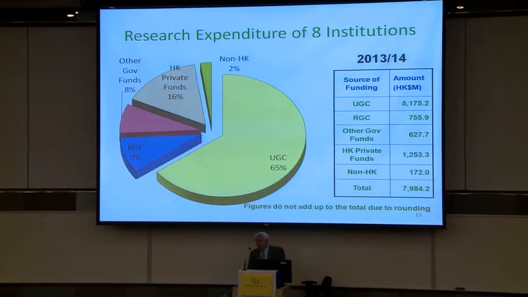So the RGC handles the grants, but as you see there, the 65% which comes in the block grant is by far the largest quantum that comes to the institutions for the purposes of research. So, as I said, there are sometimes some misunderstandings about how much of the research funding is controlled by the RGC. It is only the grant proportion, and it represents only 9%.